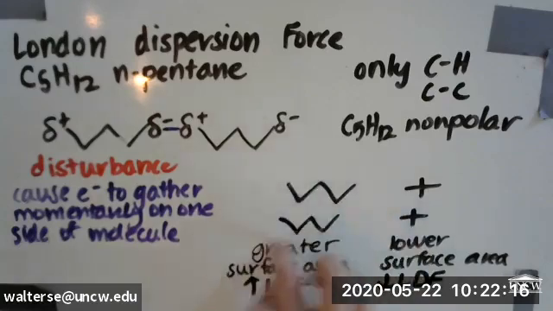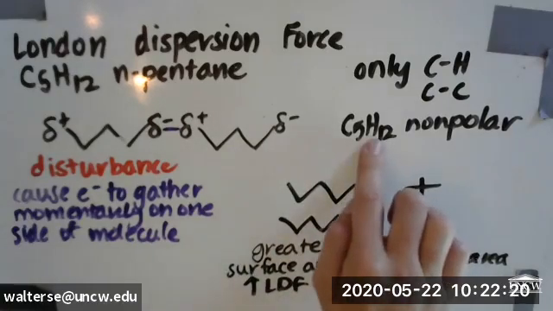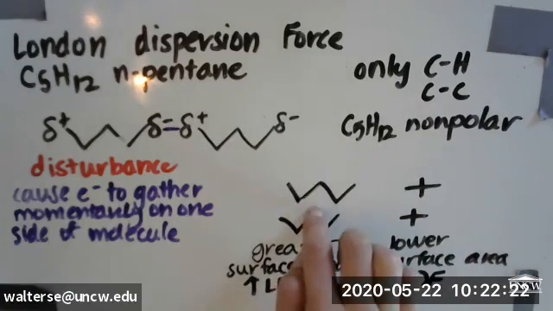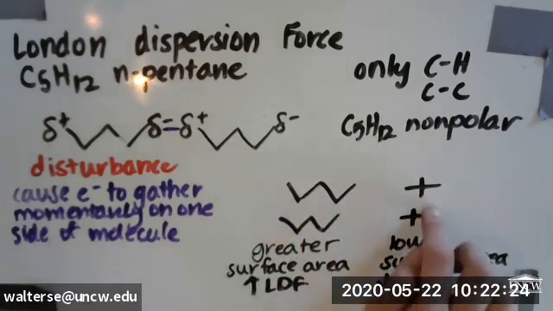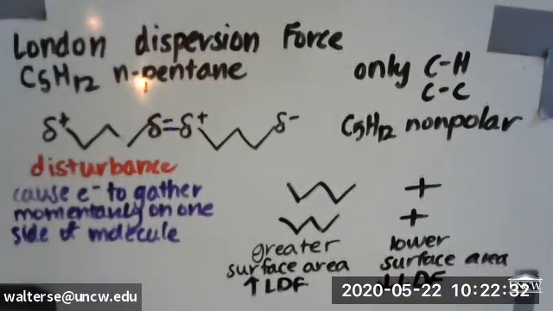So this chain version of the compound C5H12 has a higher boiling point than this constitutional isomer of C5H12. So it's not only weight, but it could also be shape.